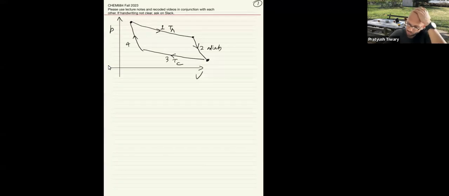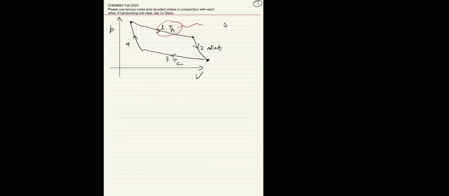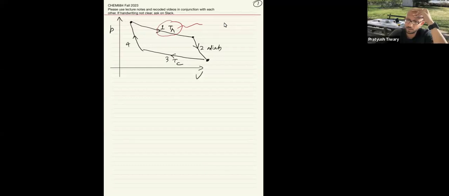So last time, before we did this, remember we derived an equation for this curve. Do you remember what that equation looked like, Sanjana? Is it the delta S total is equal to? No, we derived an equation connecting pressure with volume for the isothermal expansion of an ideal gas.